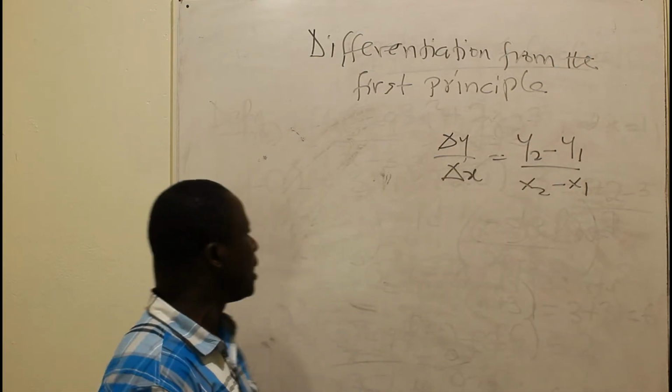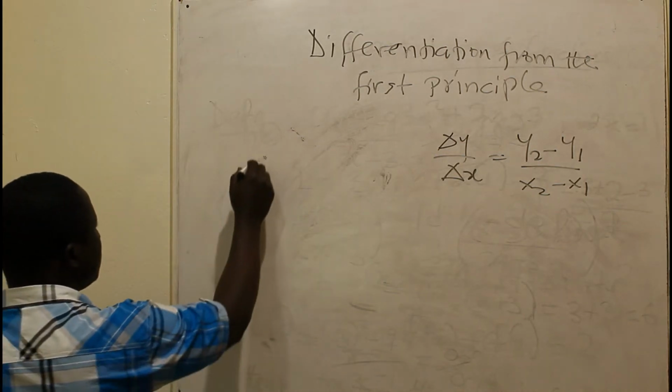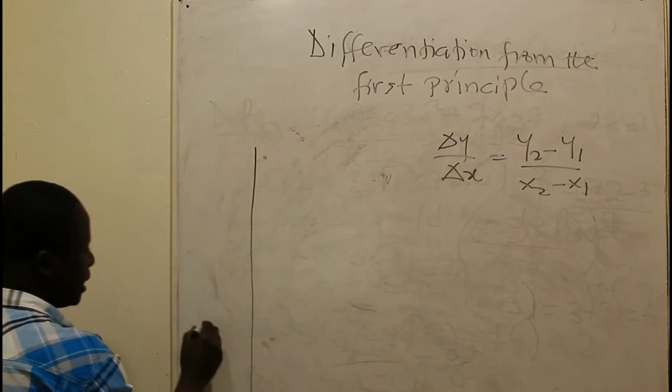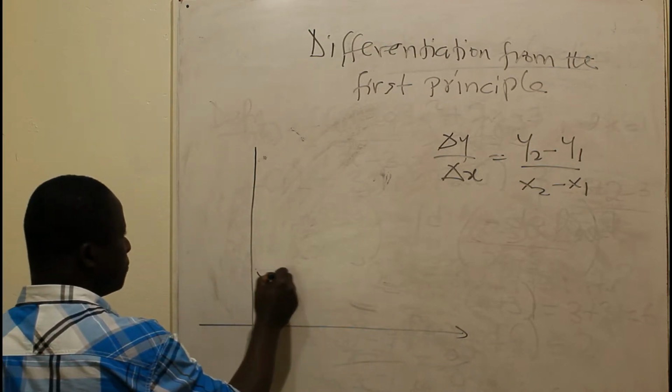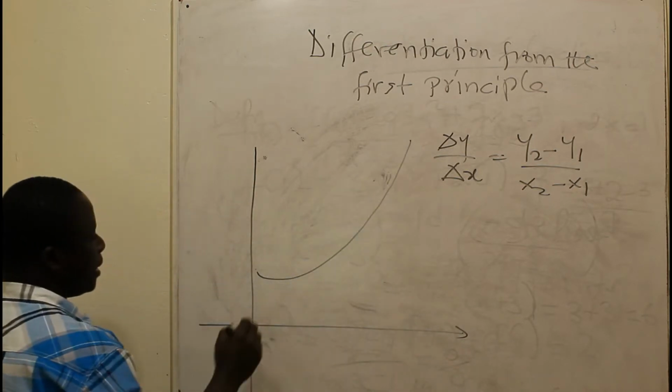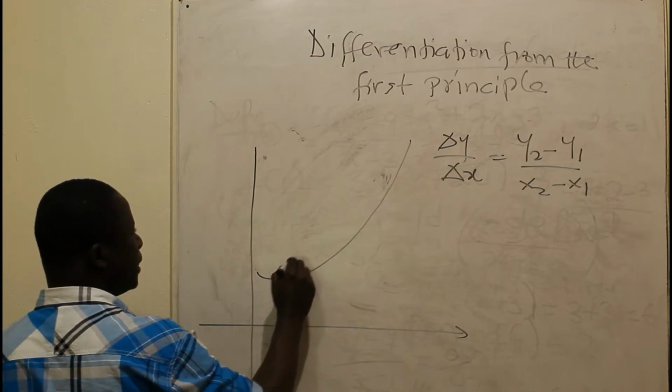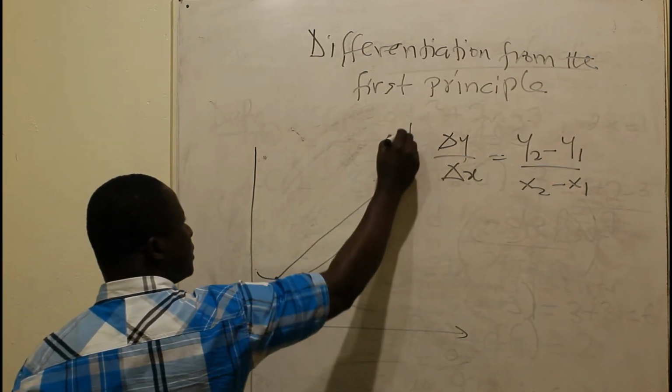So let's try to analyze what is happening in the plane. Assuming I have a function like this, and the function moves this way, and there is a straight line joining points on the function f of x.